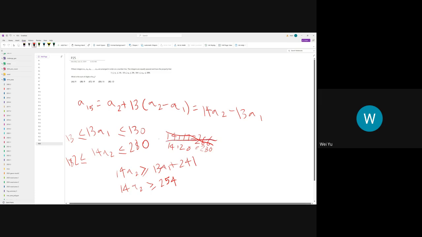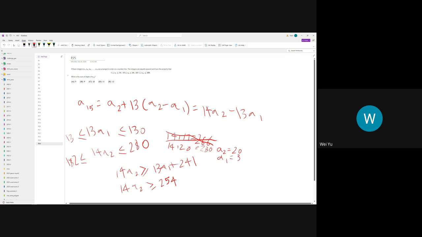For the second one, if A1 is equal to 2, then it's going to be 254, which is too much. But if we let A1 equal 3, then it's going to be 241, which is correct. So A2 is 20 and A1 is 3.